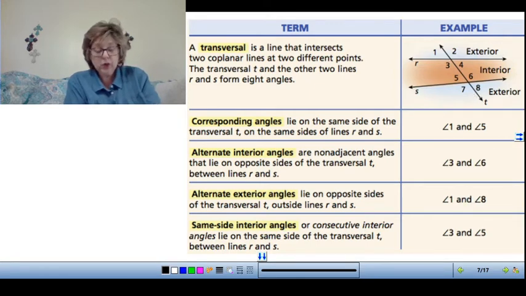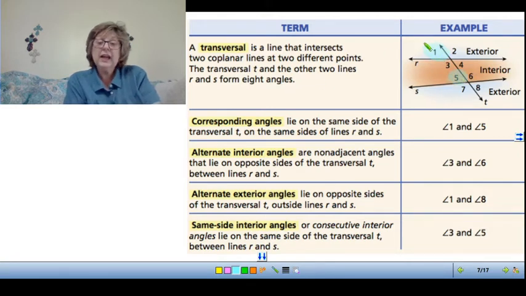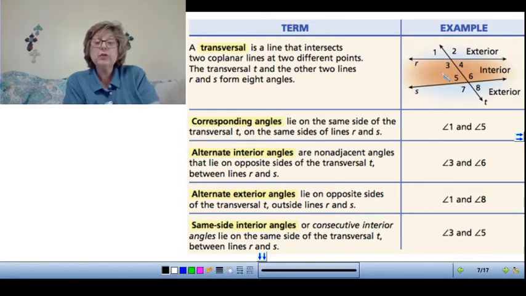The transversal, of course, is that line right here. Now angle 1 and angle 5, where one's an interior, one's an exterior, but they're on the same side of the transversal, those are called corresponding angles. Alternating interior angles are like 3 and 6 or 4 and 5.